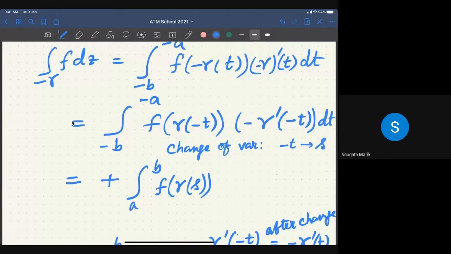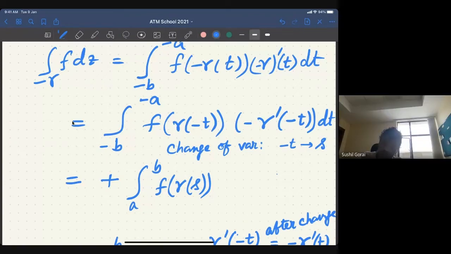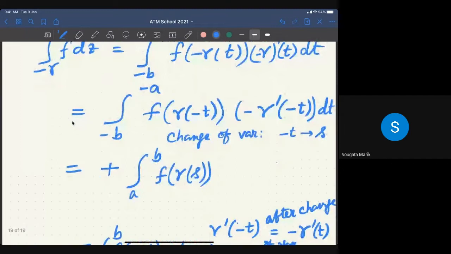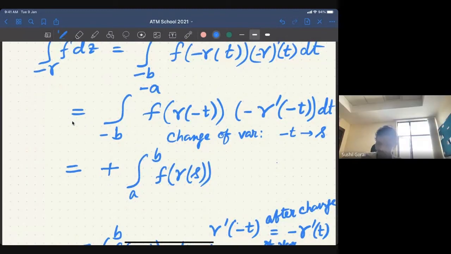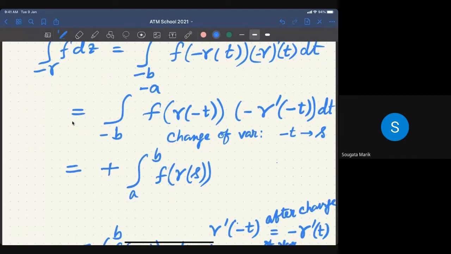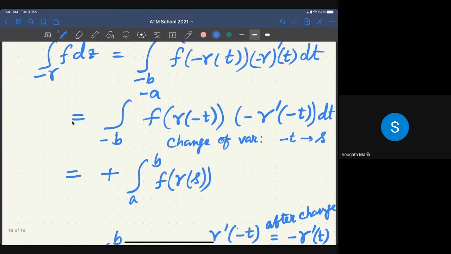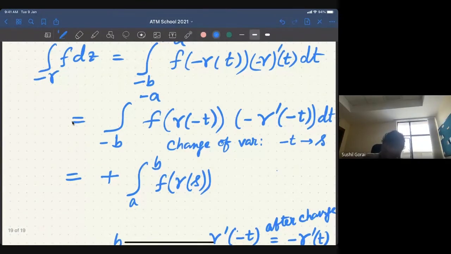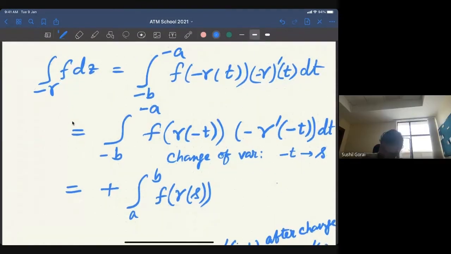Yes, so from the second to the third line, if we change the variable minus t to s, the limit will be b to a. Then the negative sign will change it, and then a to b will happen. Oh, okay, so that's how. Yes, all right. Thanks for this.